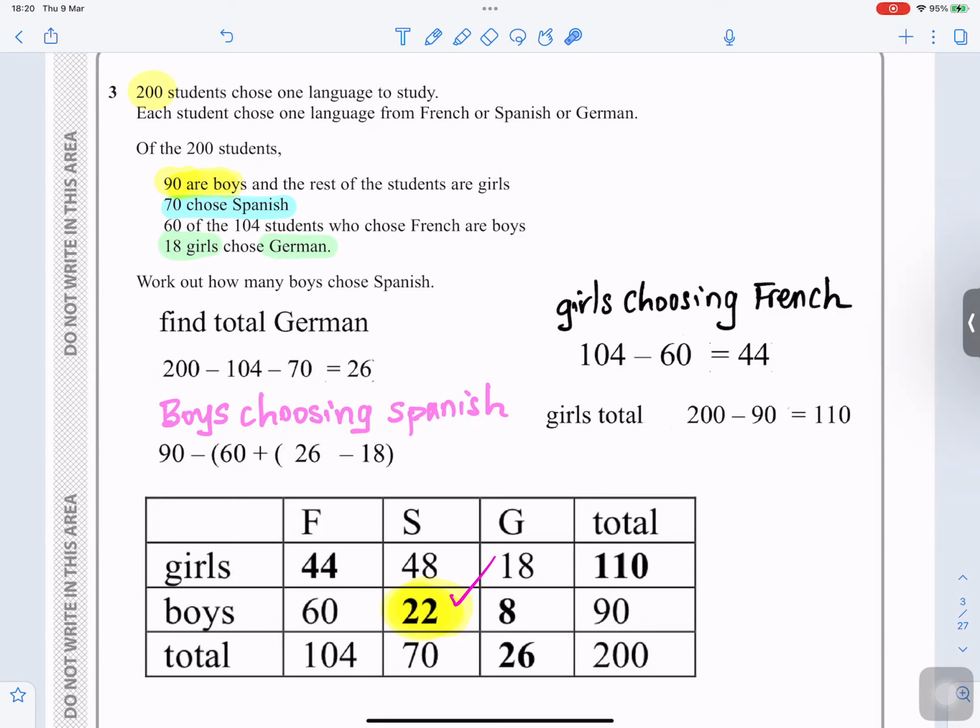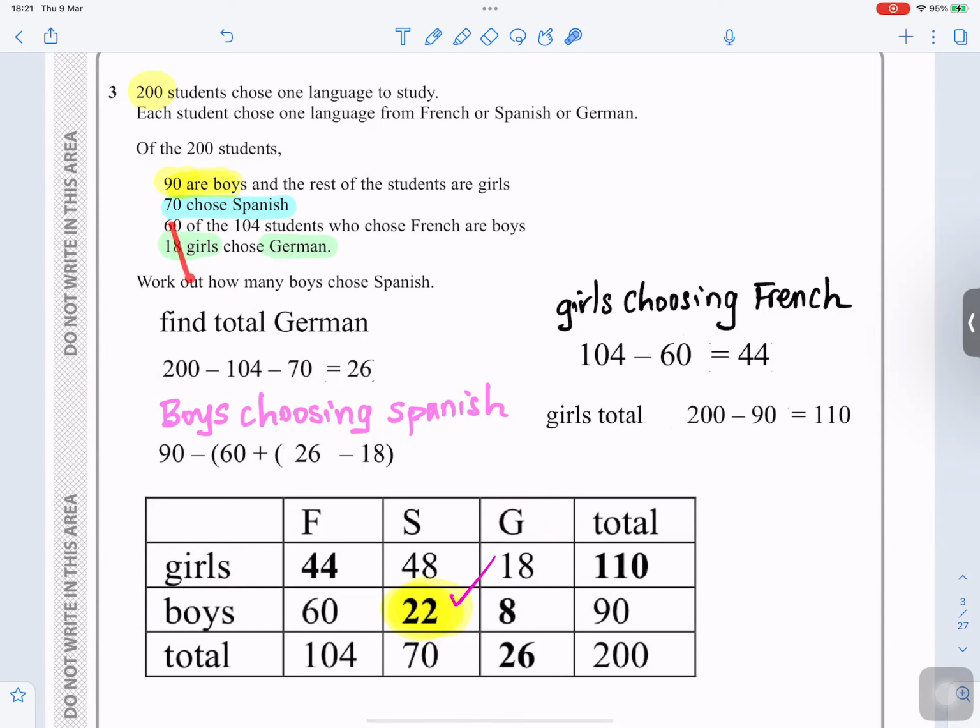18 girls chose German. So 18 will go in there for girls choosing German. And then 60 of the 104 students who chose French are boys.